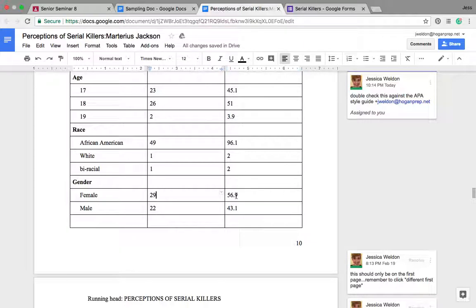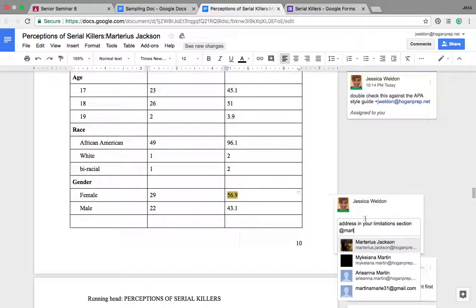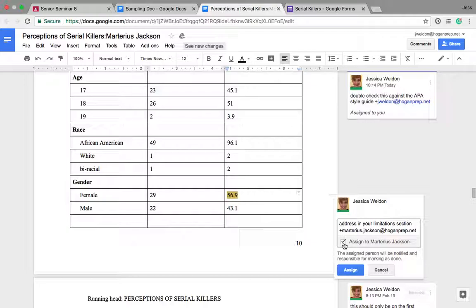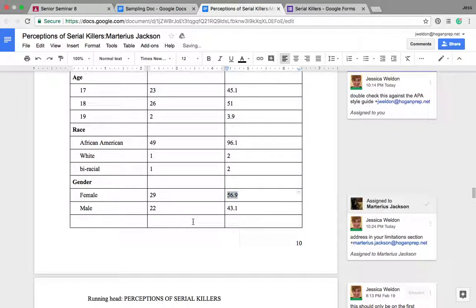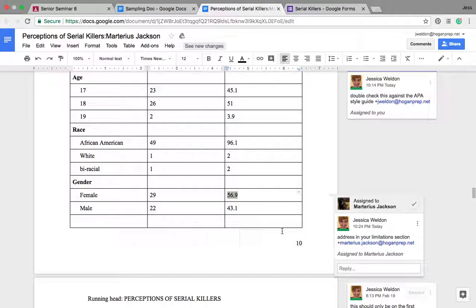This is something that you might want to address in your limitations section. Sorry, Marty. Forget that your name is actually Martirius. Okay, you want to address this in your limitations section because females make up roughly 50% of the population, but here we can see that females are overrepresented in the sample, so that means that the sample might not be reflective of the general population, which is more evenly balanced towards male and female.